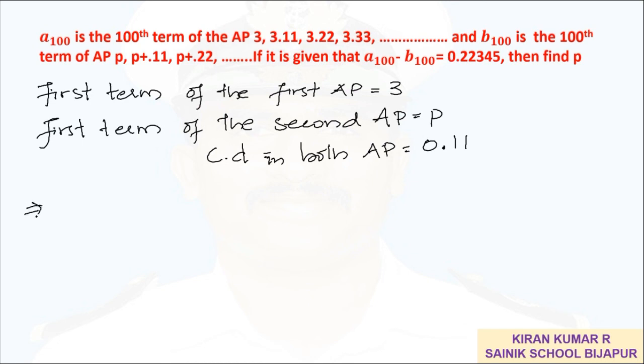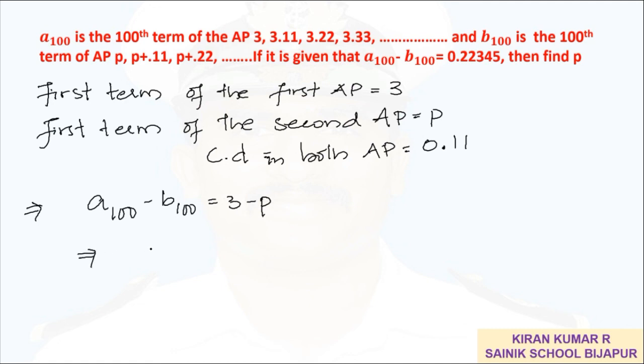Since I know that the common difference is same for both the AP, so the difference of the first term will be same as a100 minus b100. So I'll write it as 3 minus p.